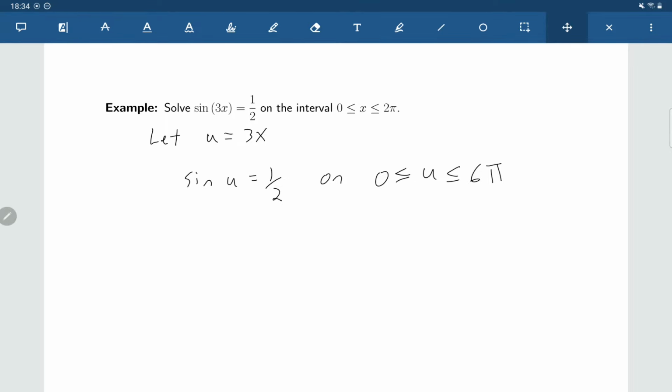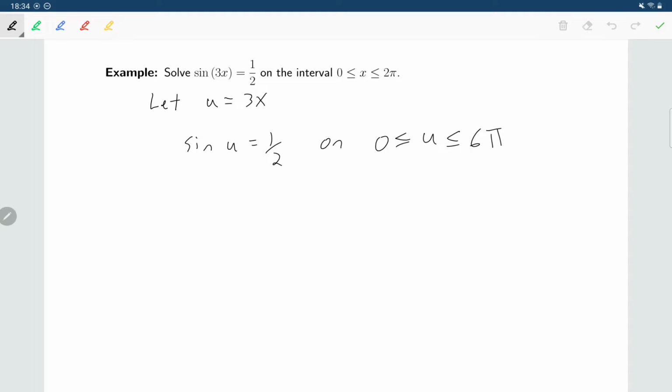Okay, so let's start off with this. We're looking for sine of u being equal to 1/2. So we know that sine inverse of 1/2 is equal to u. And that definitely does have a solution.